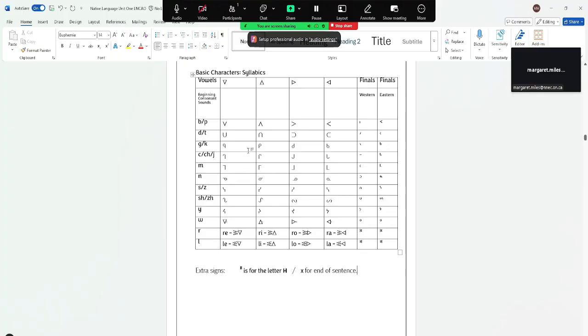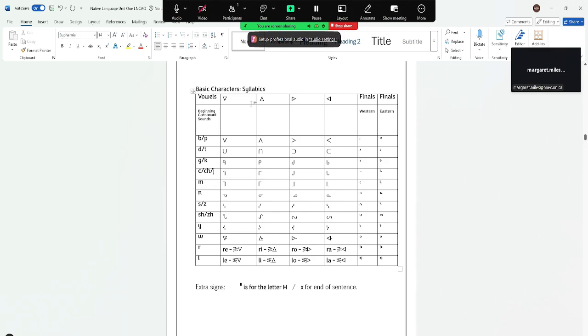So back to the top row. The vowels E, I, O, A, and beginning consonant sounds starting on the left. Be, Bi, Bo, Ba. And next one, next column. De, Di, Do, Da. Also Te, Ti, To, Ta.